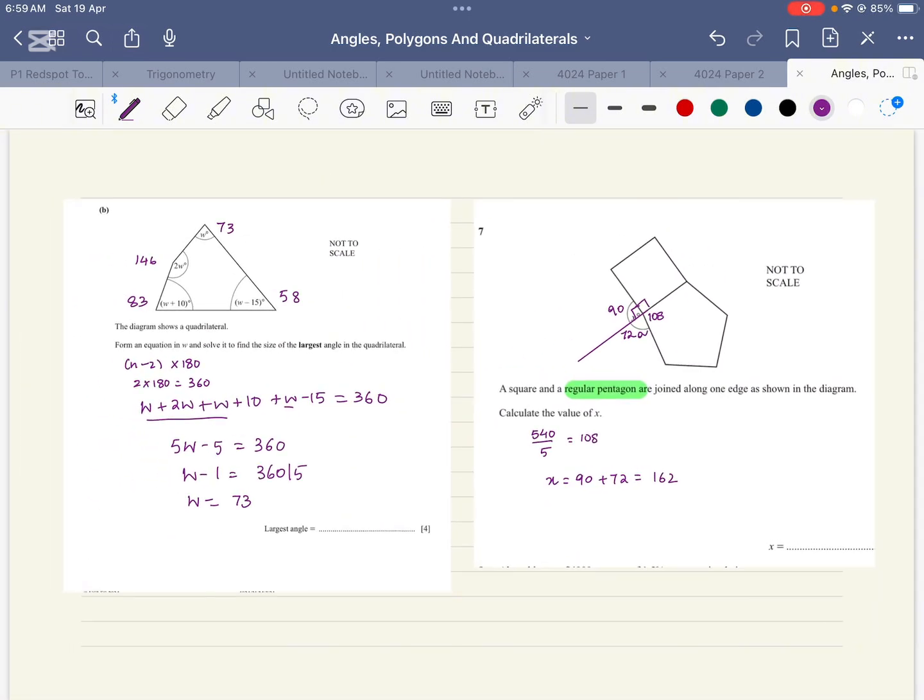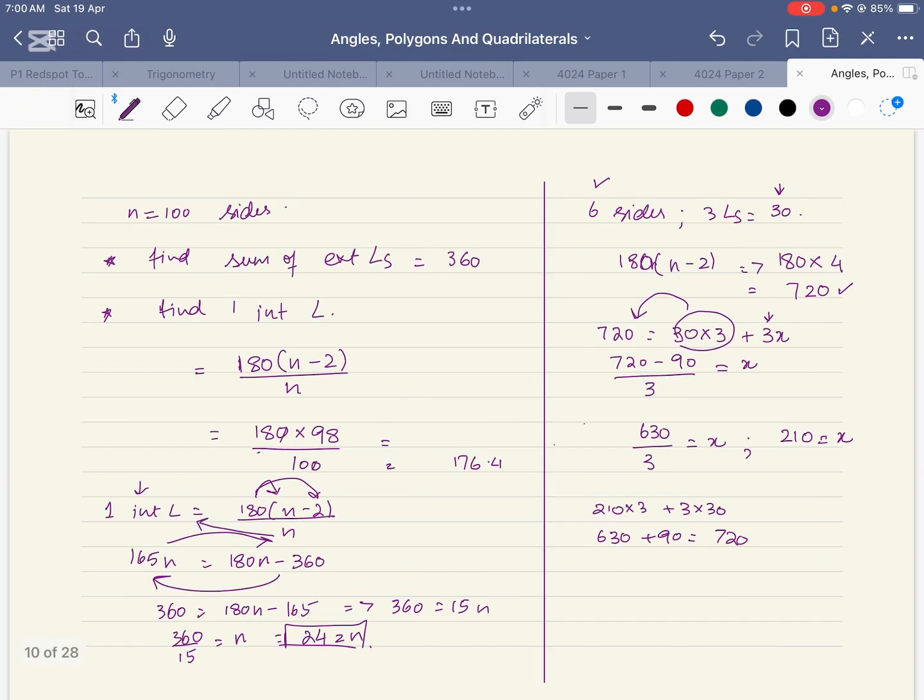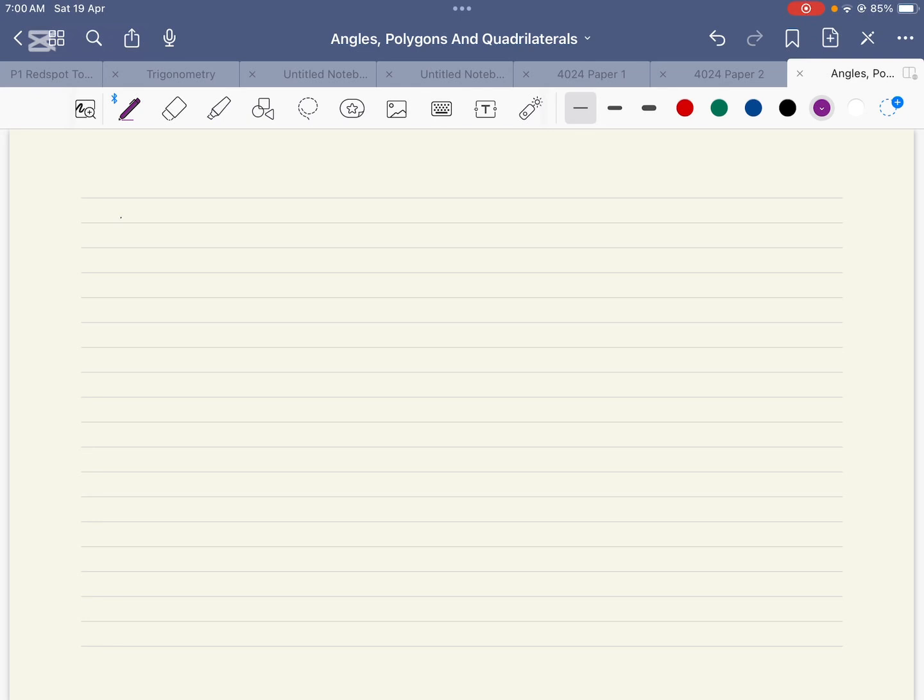Both of these are questions from summer paper 2 of 2024. Sum of interior angles is equal to, say, 1260. You have to find the number of sides. How will you find it?